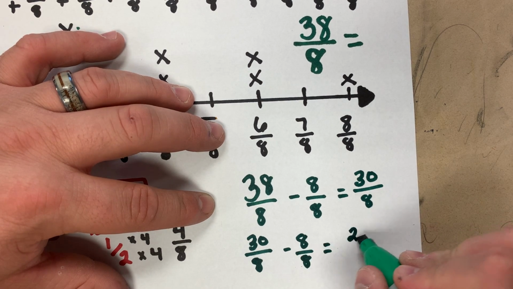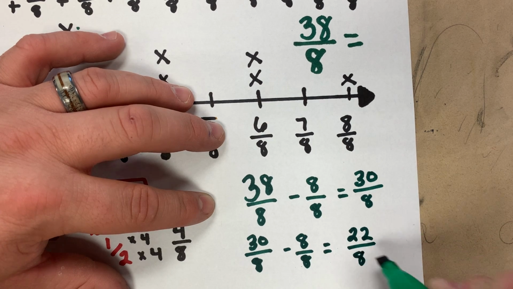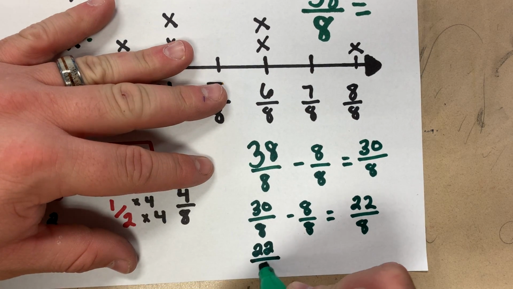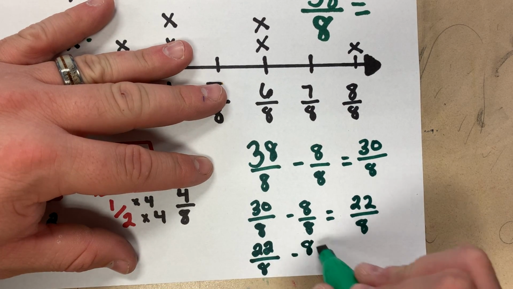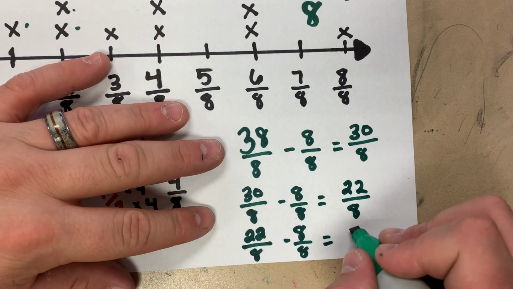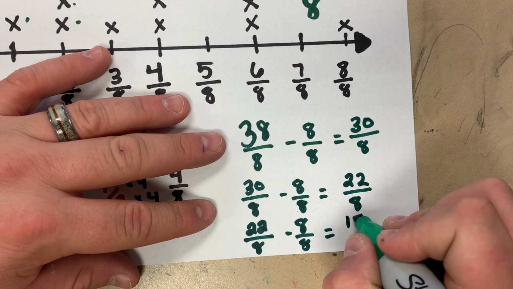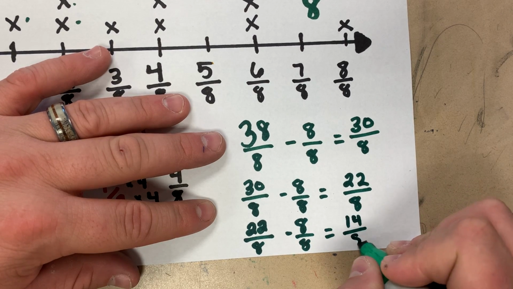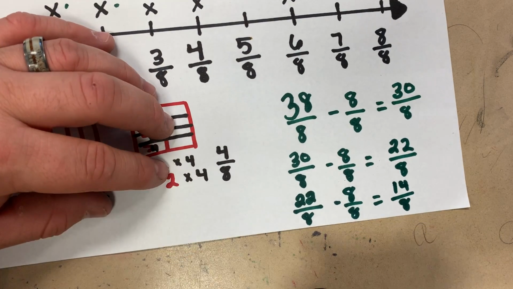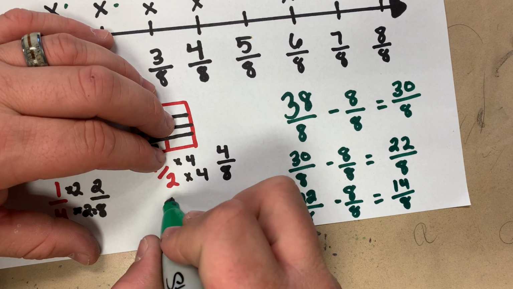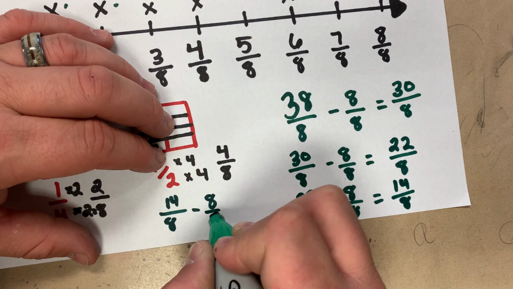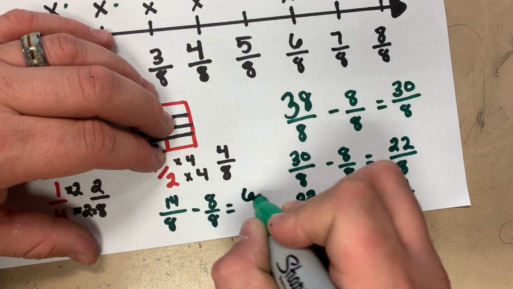Well, that would be 22/8. 22 eighths minus 8 eighths equals 14 eighths. Okay, ran out of space. So I'm going to move over here under this one, and we're going to continue going. 14 eighths minus 8 eighths equals 6 eighths.